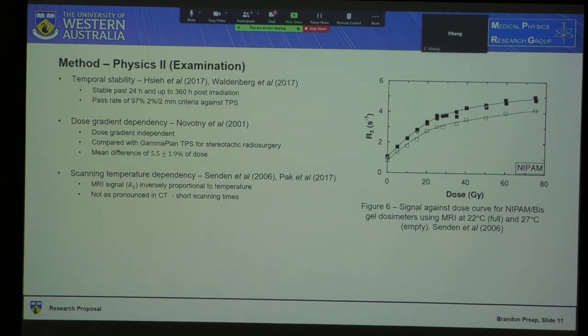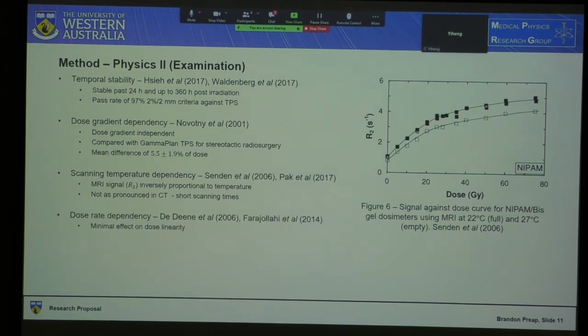As you can see on this graph, I think it was measured at 22 degrees, the solid line, and 27 degrees, the empty line. So you can see that there's still dose linearity, but much less signal. So when I'm imaging it using MRI, it needs to be in a temperature-controlled environment.